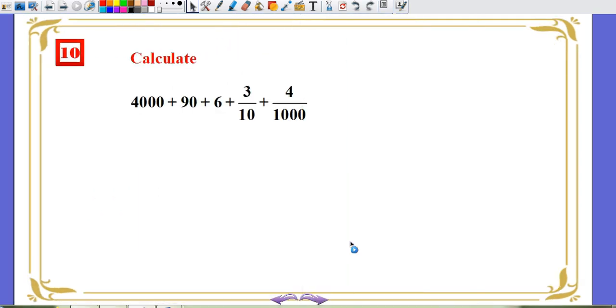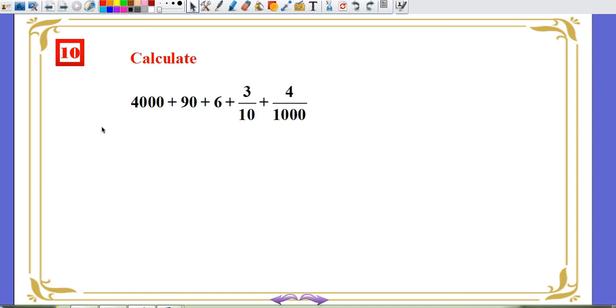The last exercise. Calculate 4,000 plus 90 plus 6 plus 3 over 10 plus 4 over 1000. Do not rush to convert denominators and perform a very complicated calculation.